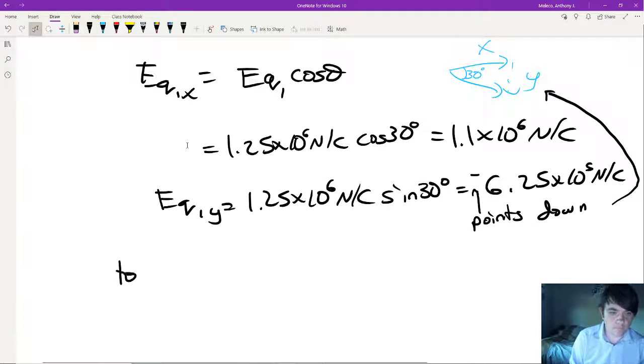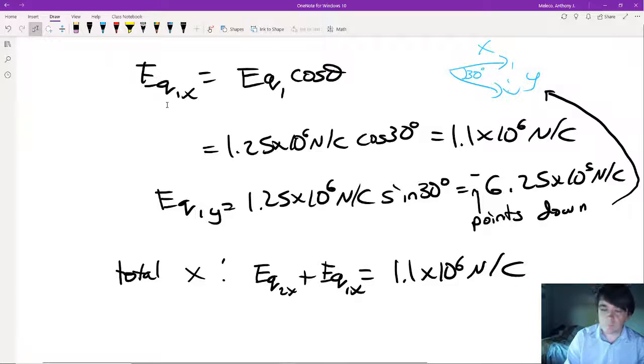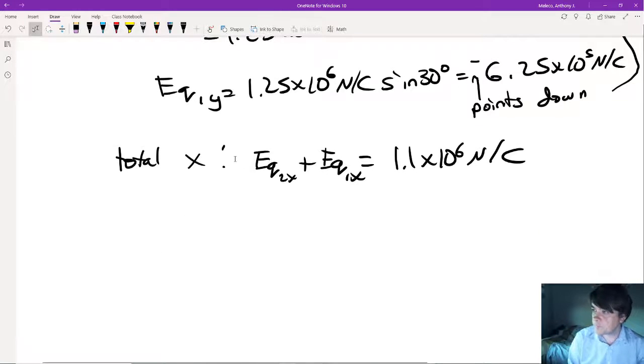So total x will be EQ2x plus EQ1x equals, there's only one x component. The total y is going to be 1.25. Oh, sorry.